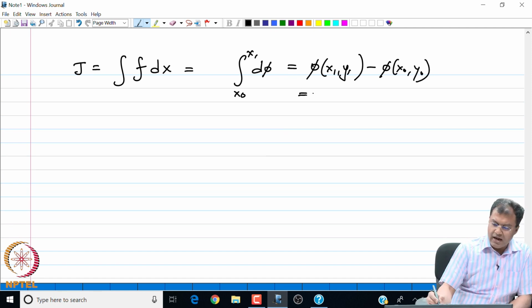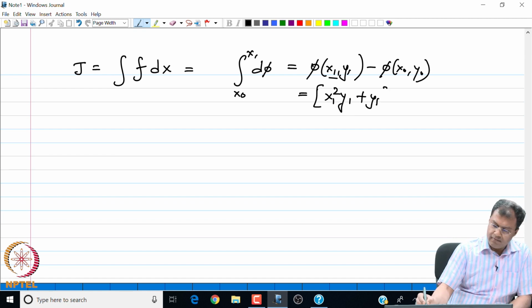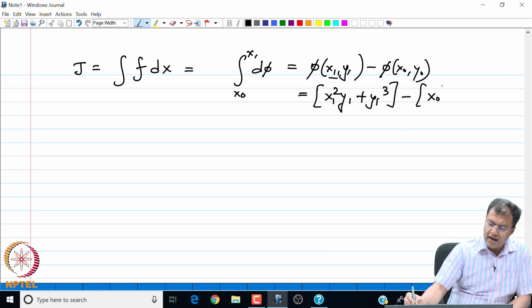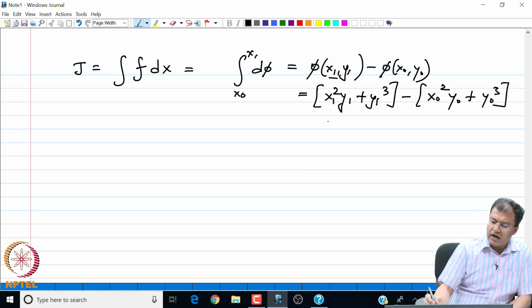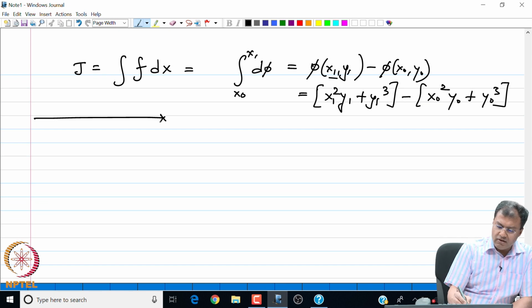All I have to do is to substitute the value of phi at x1 y1, and we just cancel out the constant of integration, and minus x0 y0 plus y0 cube. So, regardless of the function y, I am always going to get the value of the functional to be a constant which depends only on the final and the initial points. So, finding the extremal in this case is a useless exercise. So, what I have done is the following.